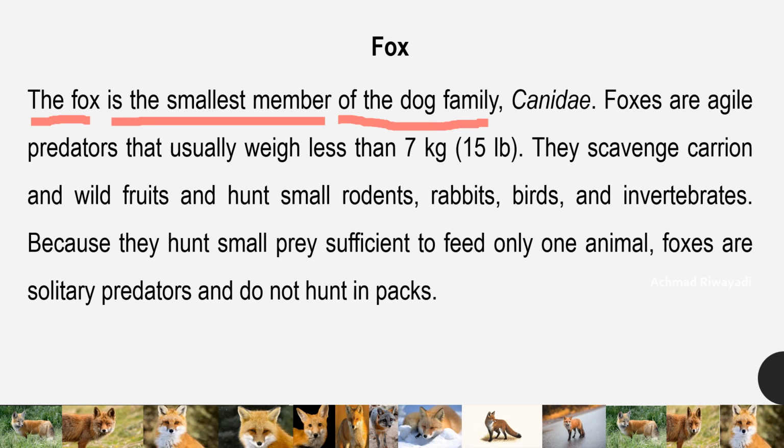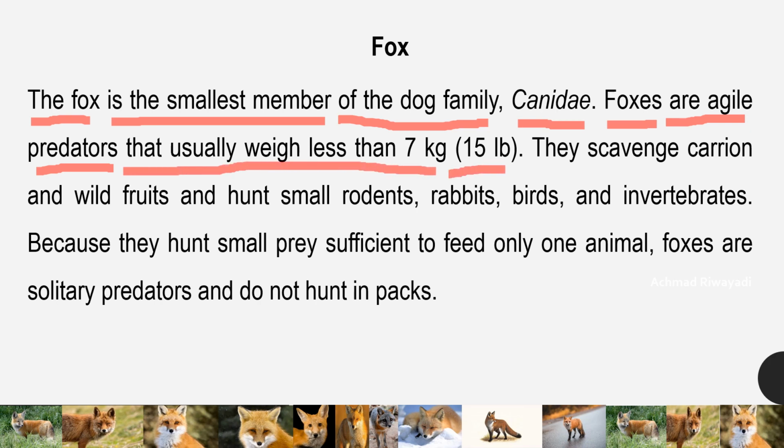Dalam bahasa Latin, Canidae. Foxes are agile predators that usually weigh less than 7 kilograms or 15 pounds. Rubah merupakan predator atau pemburu yang gesit, yang biasanya berat badannya kurang dari 7 kilogram atau 15 pound.